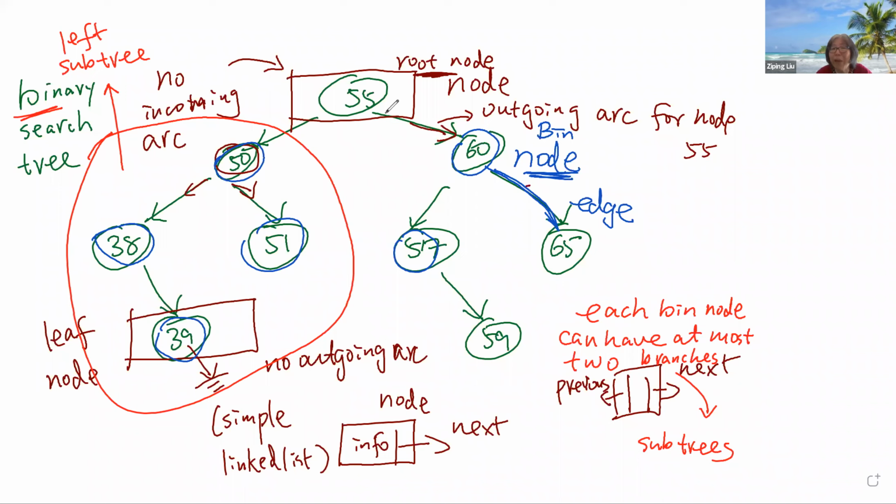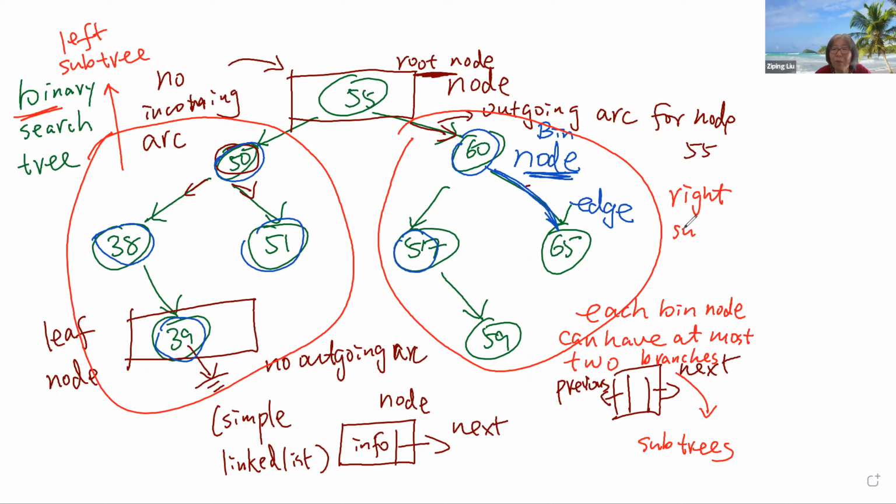And its right branch, the complete branch, this is called a right subtree. Okay, so each node can have at most two subtrees. That's why we call it a binary tree. It has two branches, two subtrees.